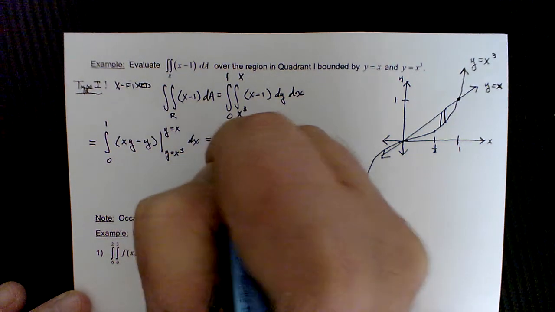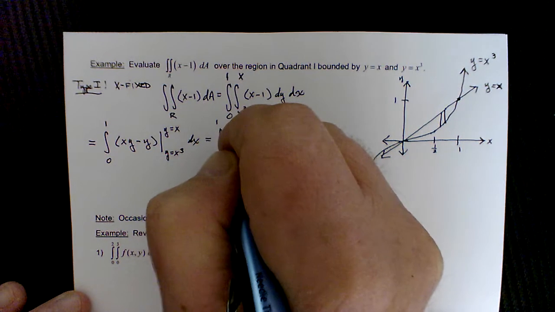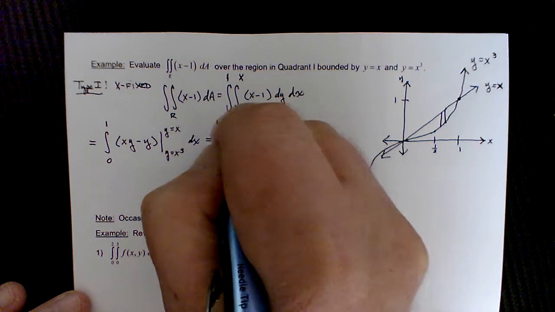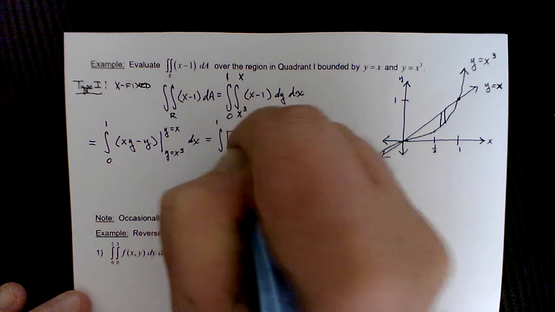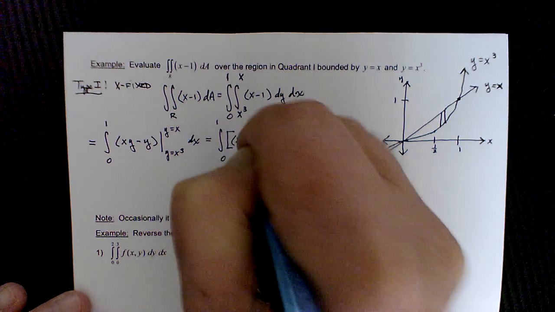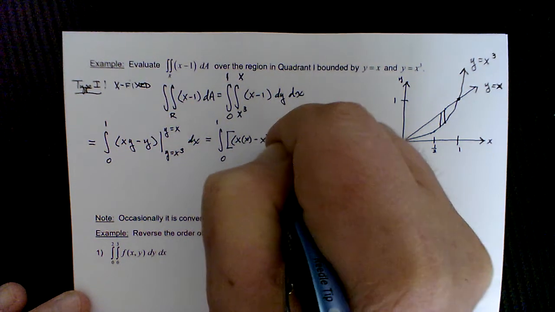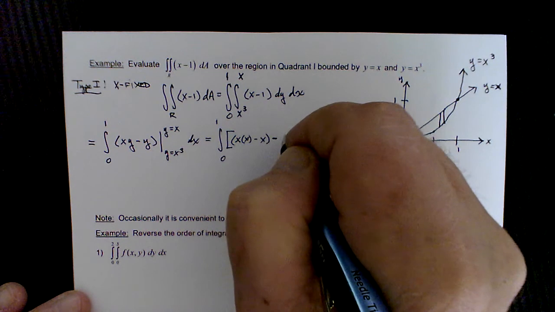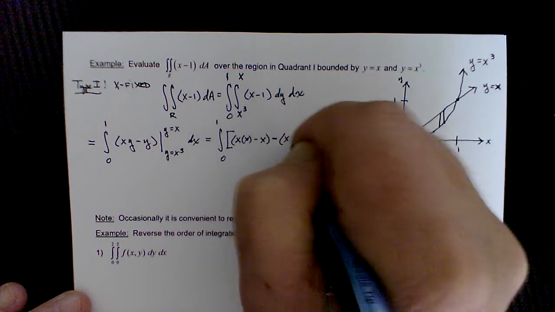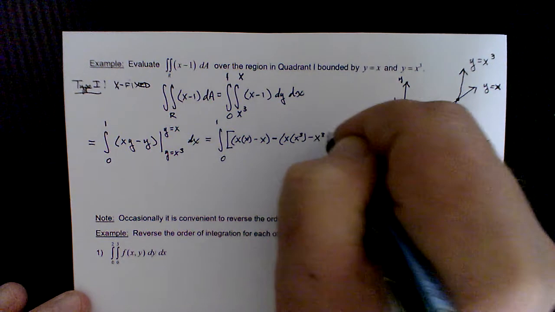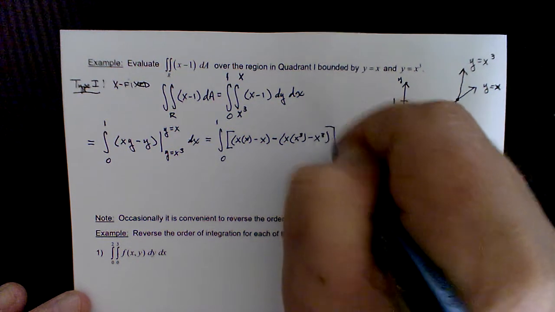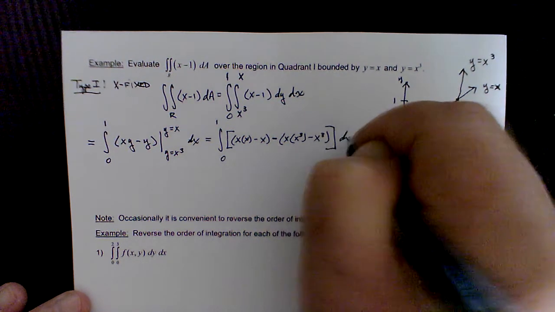Fundamental theorem of calculus, 0 to 1. Upper limit goes in, so an x goes in for y, we get x times x, minus x, minus, lower limit x cubed going in for y, so x times x cubed, minus x cubed, and then all of that will be with respect to x.